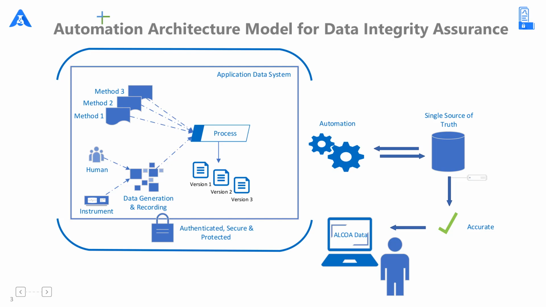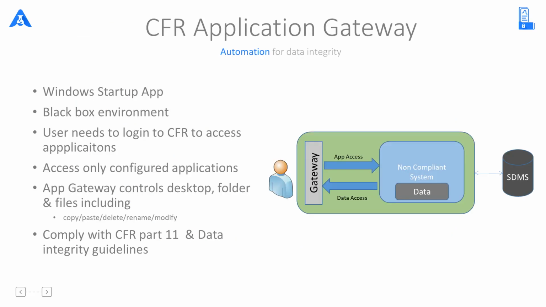How do you automate to make sure whatever changes you make, the system understands and you are able to have a copy of specific versions of data? Agaram, due to its very long industry experience with the analytical instrumentation industry, has developed a unique automation solution called CFR Gateway.